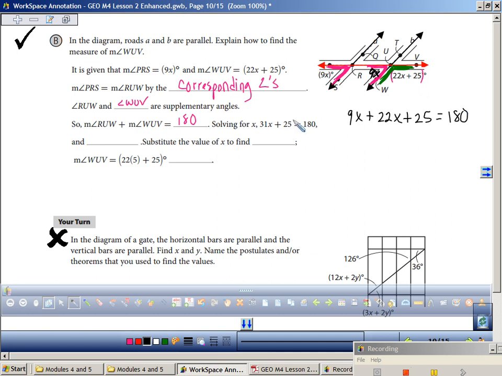I don't really like how the book does it right here, where it just jumps to this step. So now I know I have 31x plus 25 equals 205. And x equals, you may do the math?